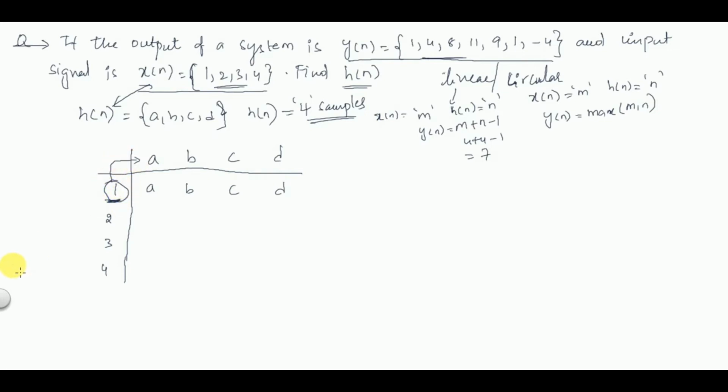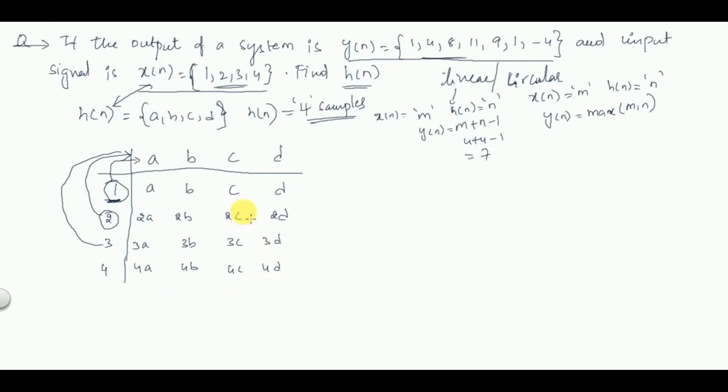So 1 into a, 1 into b, 1 into c, and 1 into d. Similarly, in the second row, 2 must be multiplied with the entire row, so this becomes 2a, 2b, 2c and 2d. Next, 3 is multiplied with this row, so 3a, 3b, 3c and 3d. Similarly, 4 must be multiplied, so we get 4a, 4b, 4c and 4d.